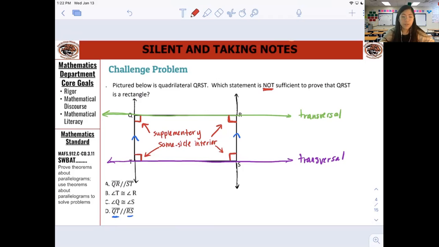So long story short, for answer choice D, if I know that QT is parallel to RS, I can conclude that QRST is a rectangle. But we're looking for which one is not sufficient, so this is not our answer.